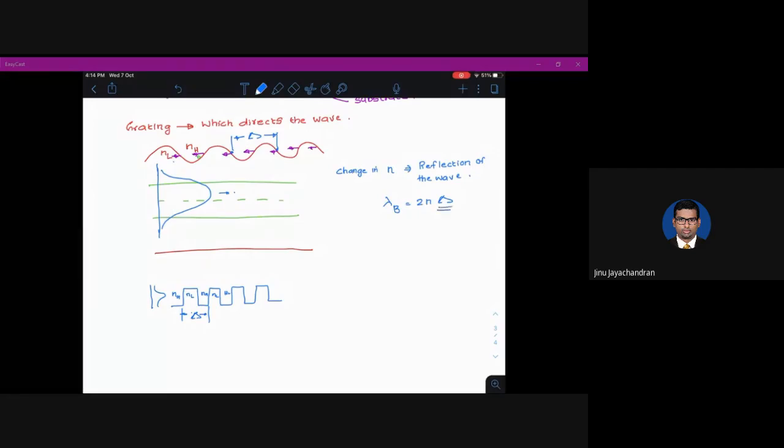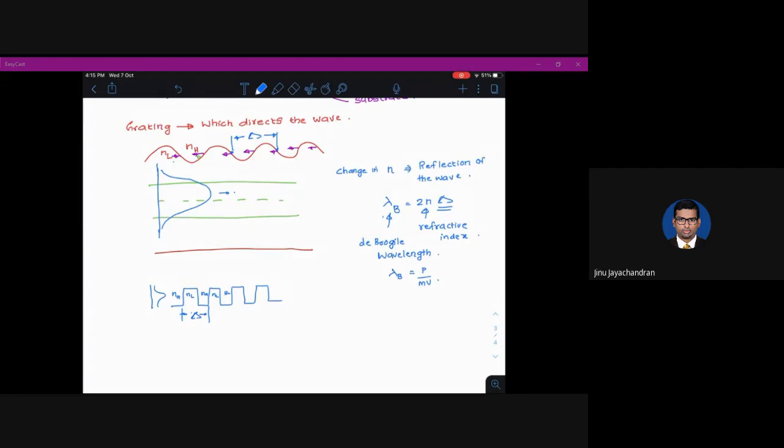It is this. n is the refractive index, and lambda b is called the de Broglie wavelength, or the wavelength which survives inside that semiconductor. Actually lambda b is h by mv, which is the de Broglie wavelength, but we can say that this is the wavelength which survives inside that semiconductor.